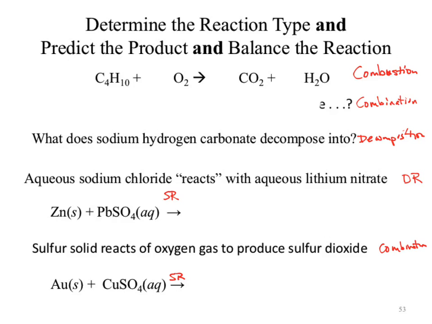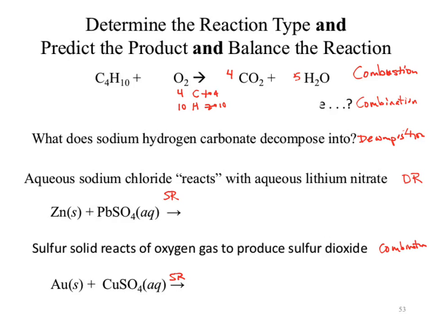So when we go through and set this up, carbon, left and right, what do we have? 4 and 1. What do we need to do? 4. What's the next one I balance? Hydrogen, left 10, right 2. What do I need to do?